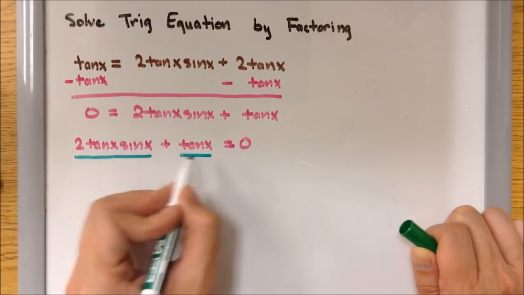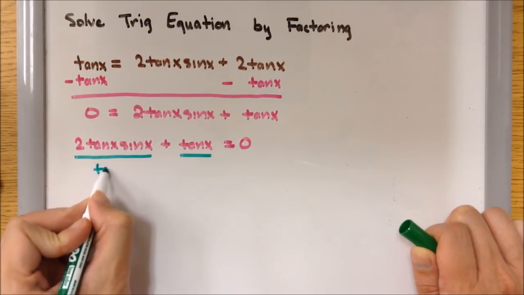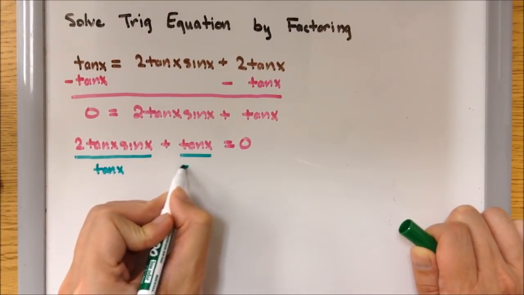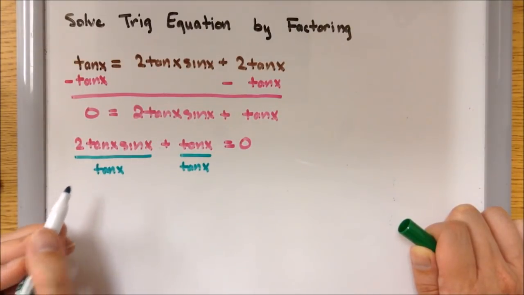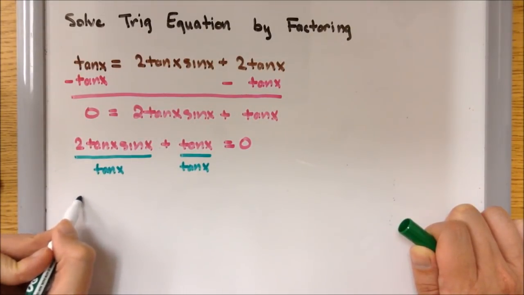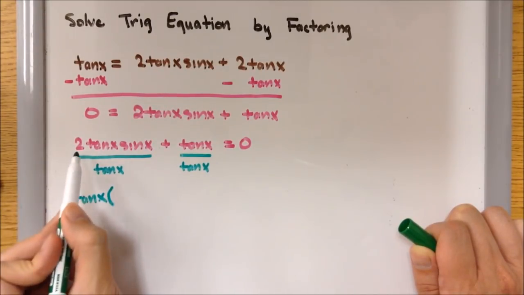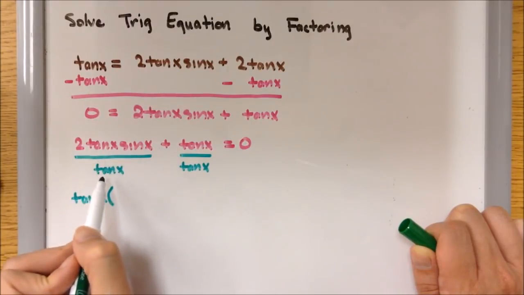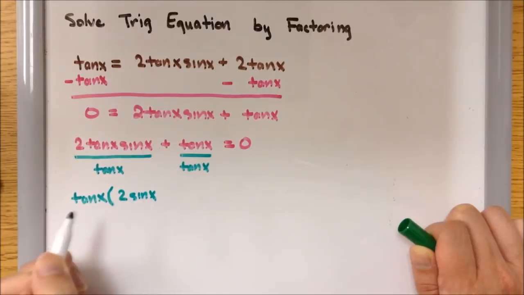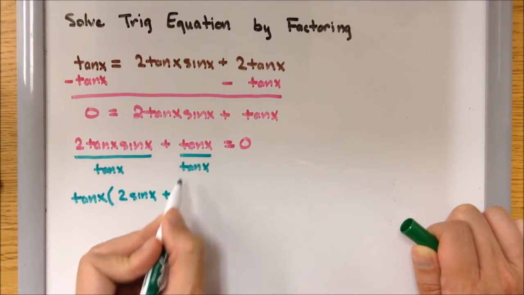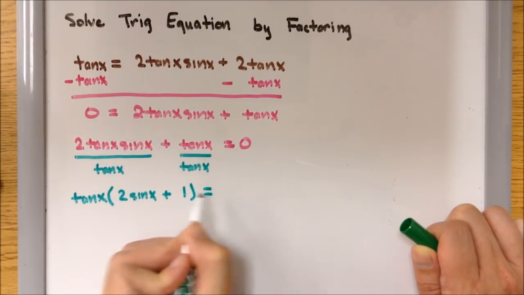What's in common between these 2 parts, separated by this plus, is tangent of x, and when I'm taking out this common factor, it's going to go on the outside of the parenthesis. 2 tangent of x sine of x divided by tangent of x will be 2 sine of x, plus tangent of x divided by tangent of x will be 1, equal to 0.